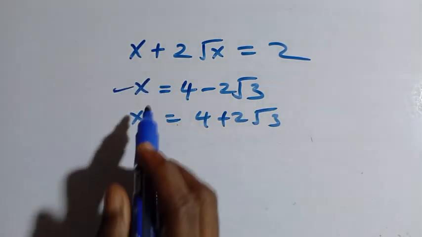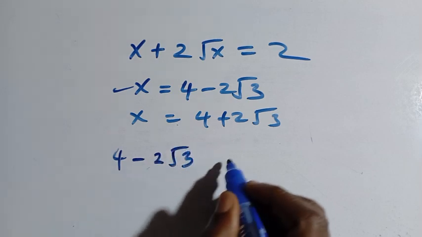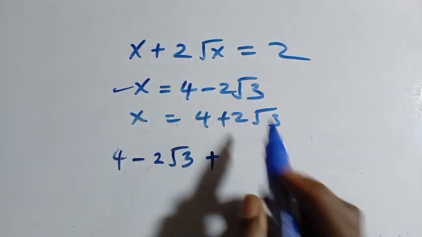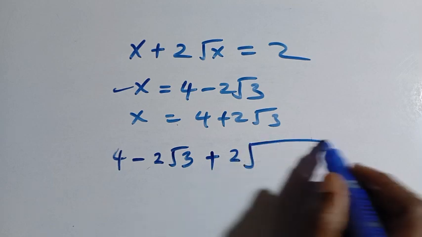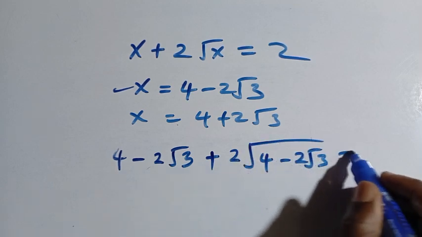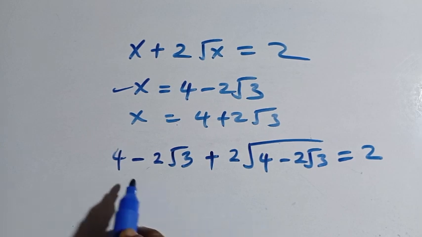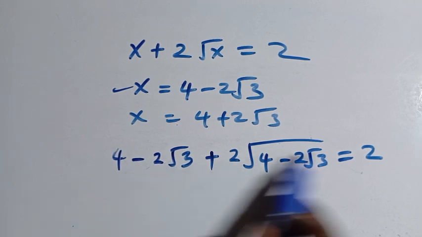So for the first one, we have 4 minus 2 root 3 plus 2 square root of 4 minus 2 root 3 equals 2. So with this, let's take all of this into this place.